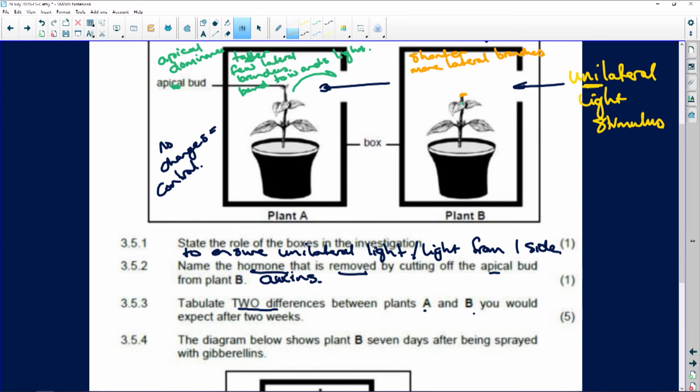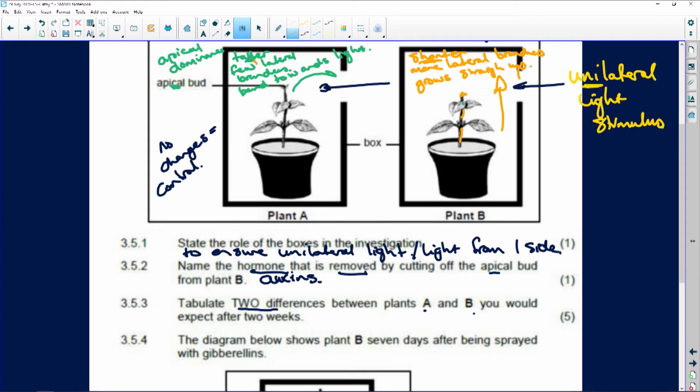And what else are we going to see? We're going to see that it grows straight up. Why? Because there are no auxins here. So these parts here are going to cause it to just grow higher and taller. But it's still going to end up being shorter than plant A.